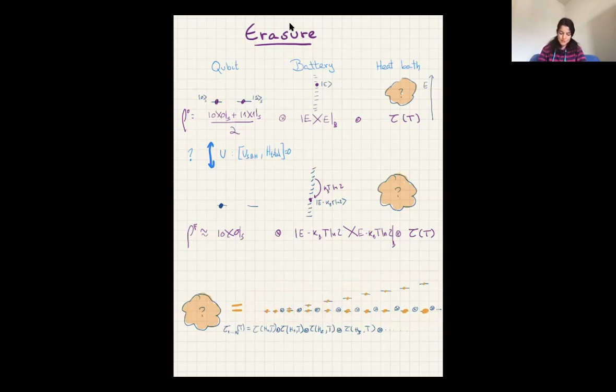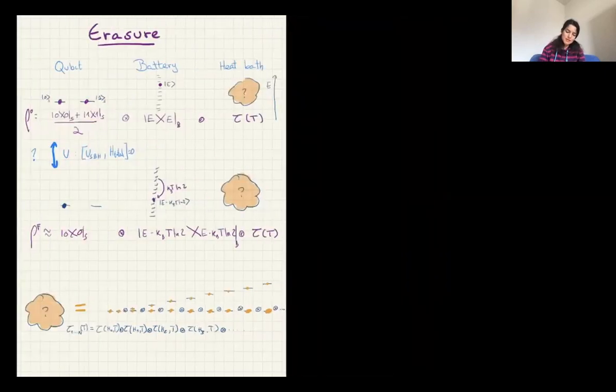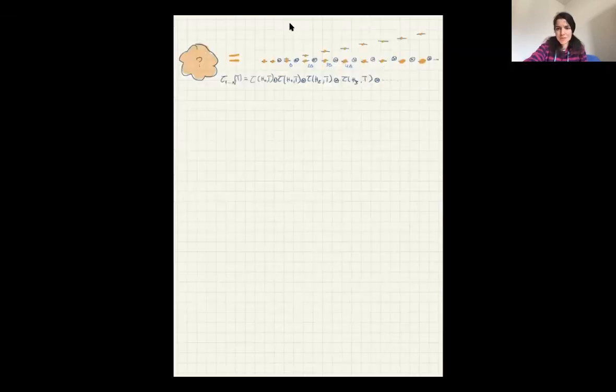Which means that for the first one we'll have the thermal state of Hamiltonian 0 at temperature T, for the second one the thermal state of Hamiltonian 1 at temperature T, Hamiltonian 2 at temperature T, and so on. The key thing is that they're all at the same temperature. And of course, as we increase the gap, if the temperature is the same, the probability that they are in the excited state is going to be smaller and smaller.